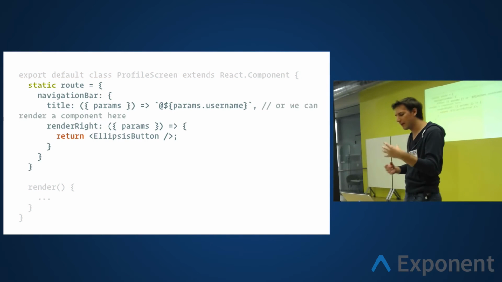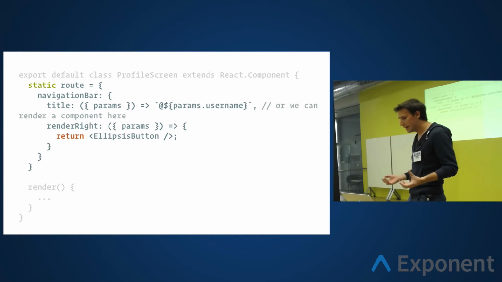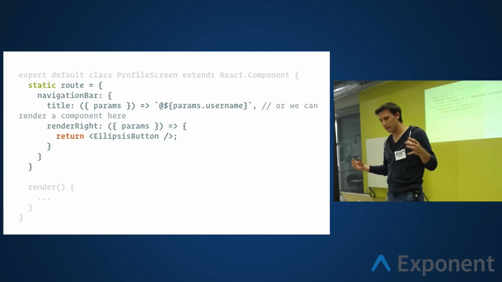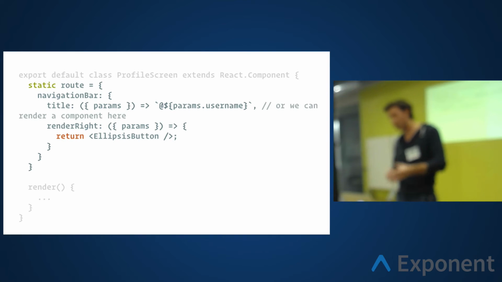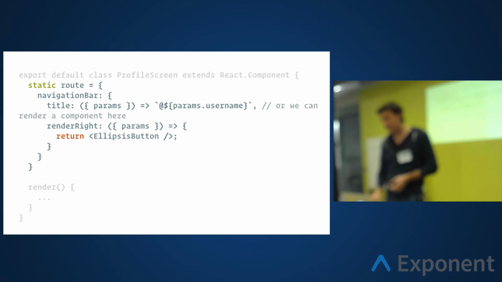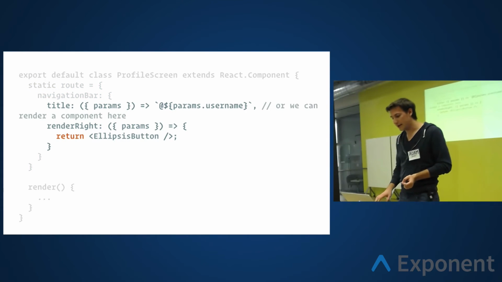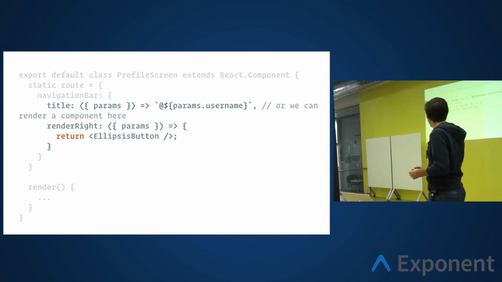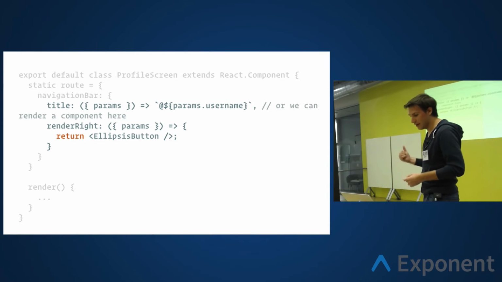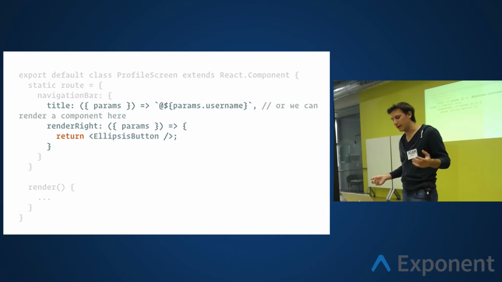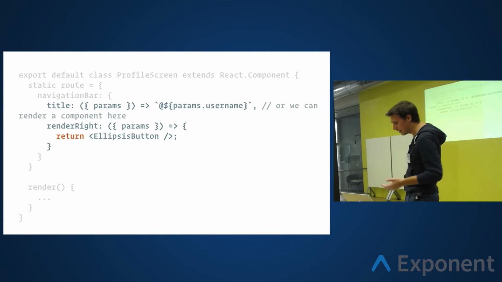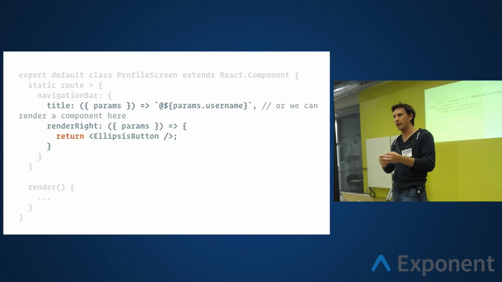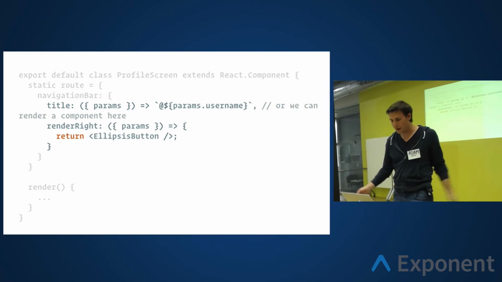We're borrowing an idea from Relay, if you're familiar, where Relay co-locates data needs with their components. We're trying to co-locate navigation needs with a component. And you'll notice that our title and our right button in this example can be completely dynamic and based on route parameters. You can also control the left button here, or even render a completely custom navigation bar if you'd like.